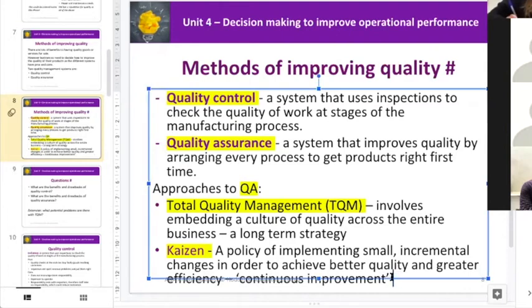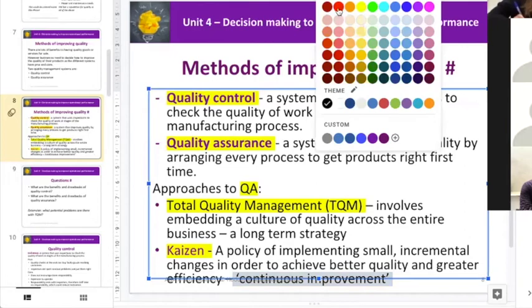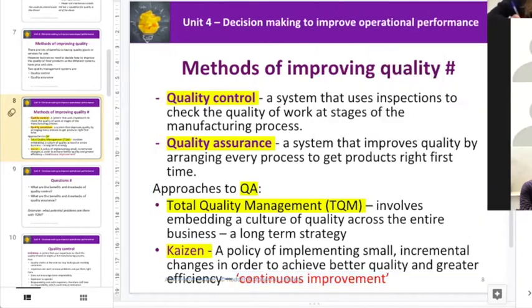If you cannot remember Kaizen and his name, you can use continuous improvement as in quality assurance. Okay, so can you give me one example using Kaizen to improve quality? Like a small change.